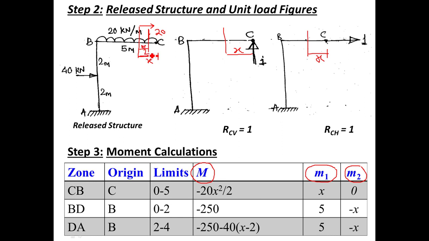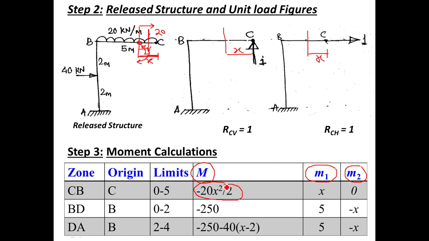If you take a moment at this point of the UDL, it becomes 20 into x by 2, that is 20x square by 2. Since the force is vertically downward, it will produce a clockwise moment at this point. Clockwise means minus as per our sign conventions. So the first moment in the release structure, capital M column, is minus 20 x square by 2.